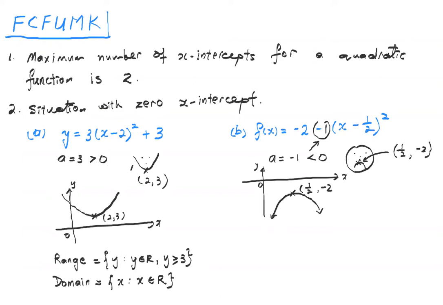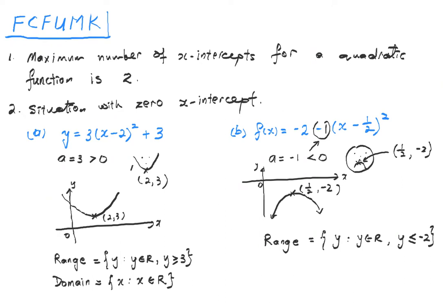Are you clear? Same goes with here. Please, you have to know what is range and what is domain. Important. The range for this case is y, where y is a member of the real numbers and y is less than or equal to -2.